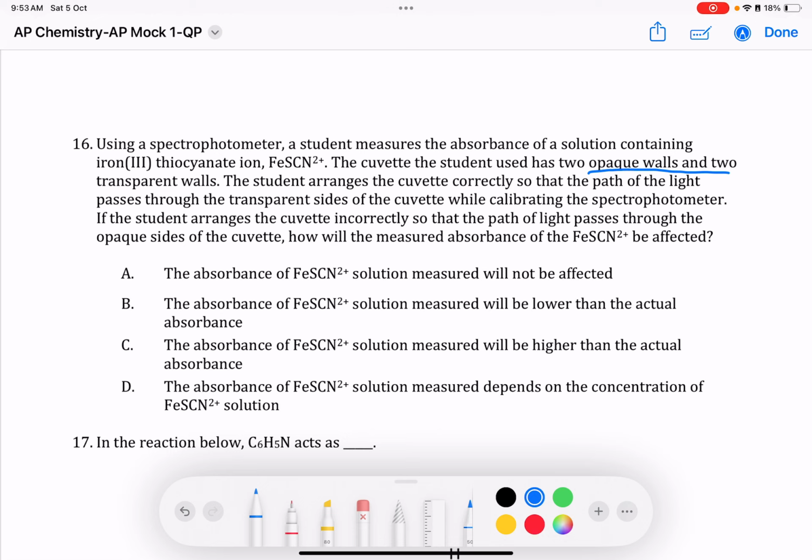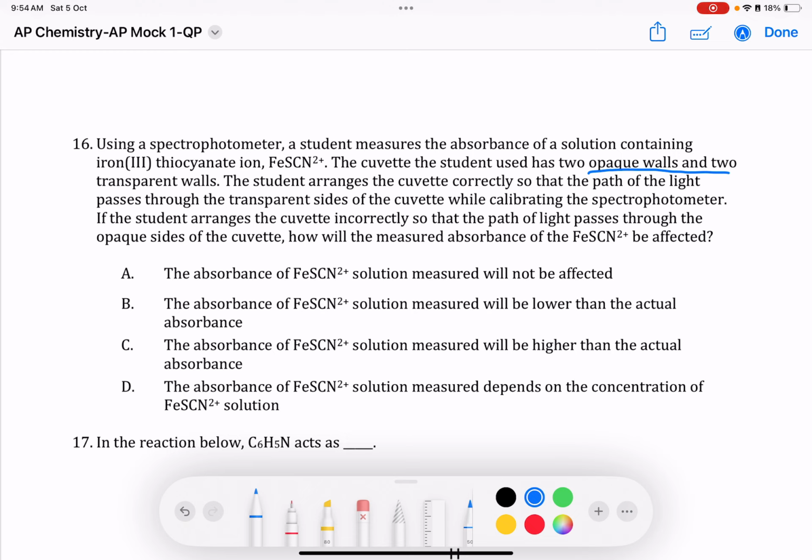The light will go through the transparent walls, and we must not hold the cuvette on the transparent walls, because we will affect the absorbance. Our fingerprints will affect the absorbance.